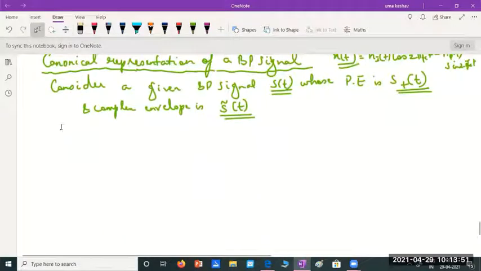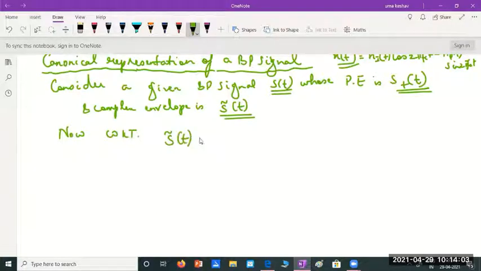Now we know the relation between the pre-envelope and the complex envelope. The complex envelope of the signal is the pre-envelope of the signal into e to the power of minus j2 pi fct. We have already written this equation before.